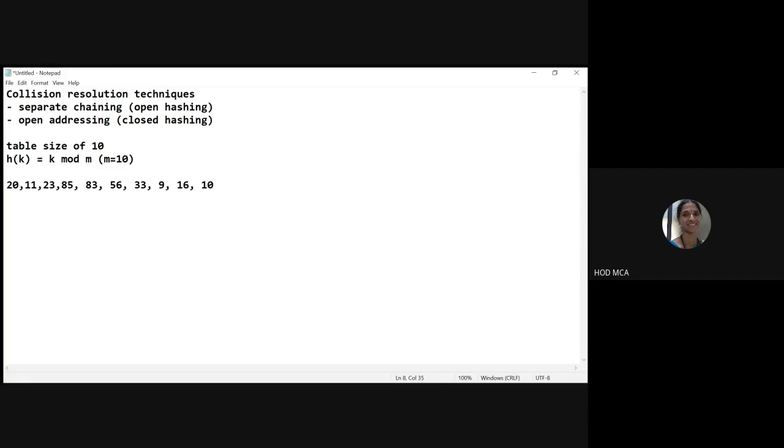So these are the 20, 11, 23, 85, 83, 56, 33, 9, 16, and 10. These are the key values that we have considered. Now we'll have to see how we can store this in the hash table given the hash function k mod m using separate chaining. All right, so let us see what we can do.